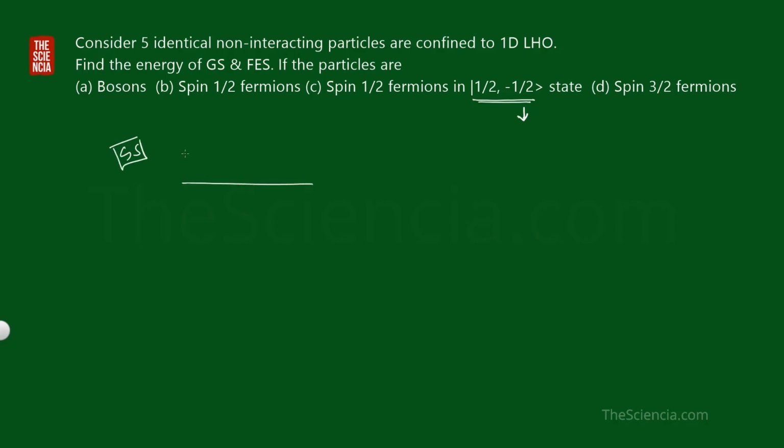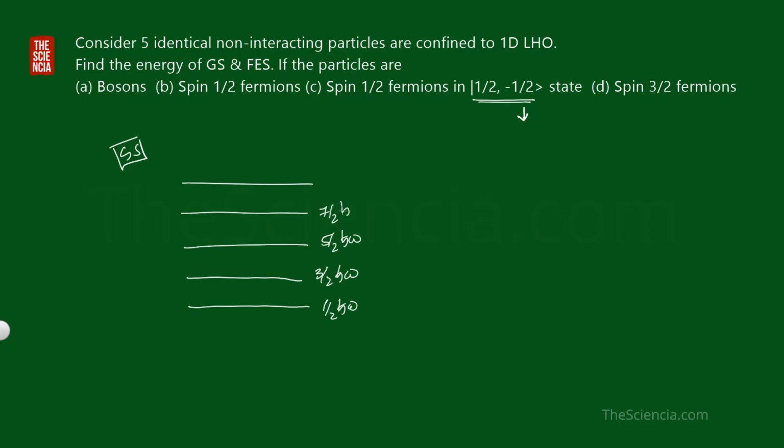These are the different energy levels: half h cross omega, 3 by 2 h cross omega, 5 by 2 h cross omega, 7 by 2 h cross omega, and 9 by 2 h cross omega.